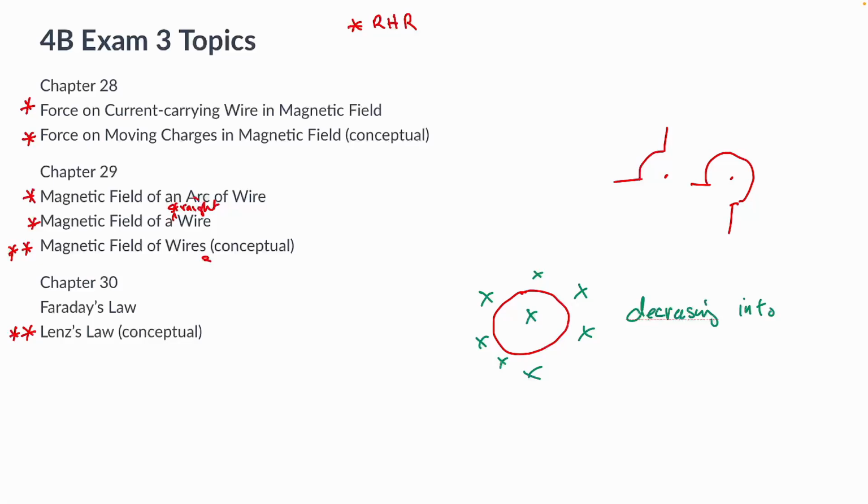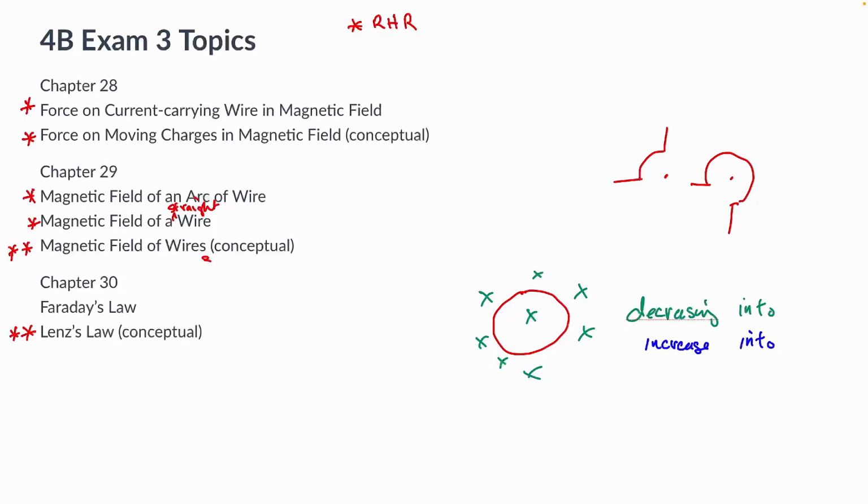What is Lenz's law going to say? It always says increase, and to fight a decreasing into, we're going to increase into. Now we apply a right-hand rule with our thumb pointed which way? Why do we follow Lenz's law? The magnetic field direction.